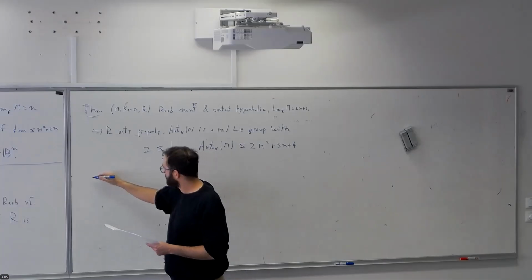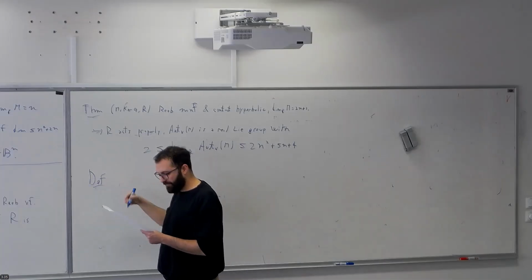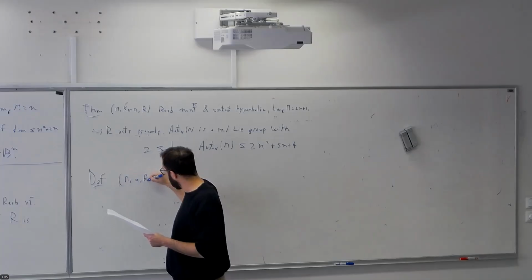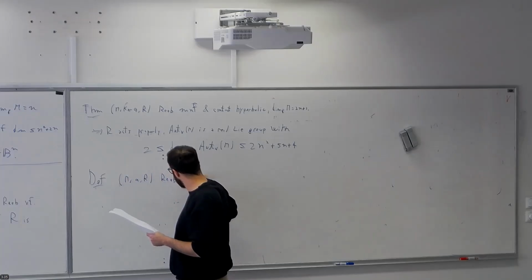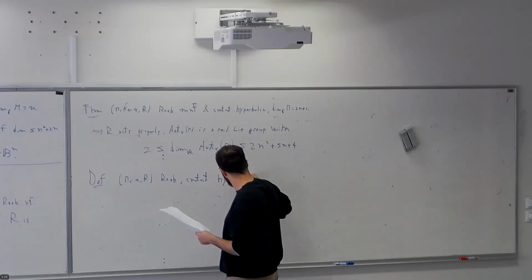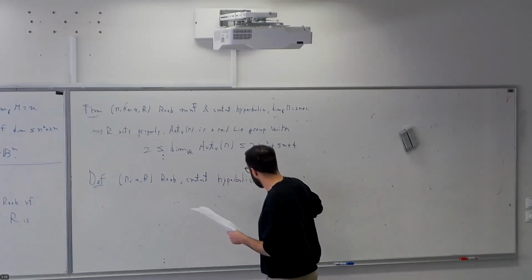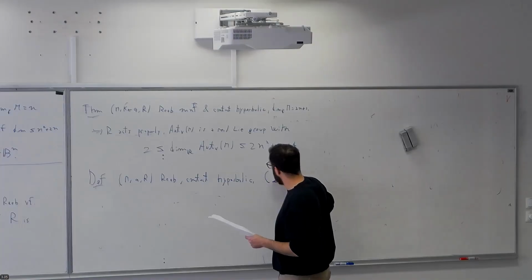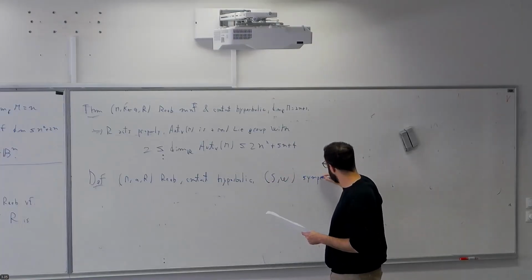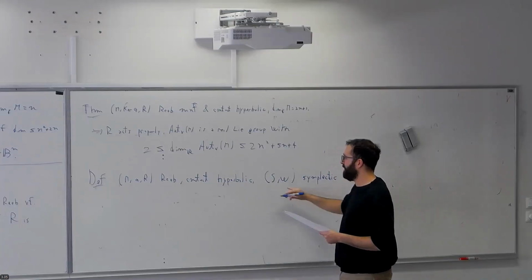So the idea is that every time you have such a Reeb manifold, again, (M, alpha, R) Reeb contact hyperbolic, there should be, or maybe you hope that there is, some symplectic manifold.